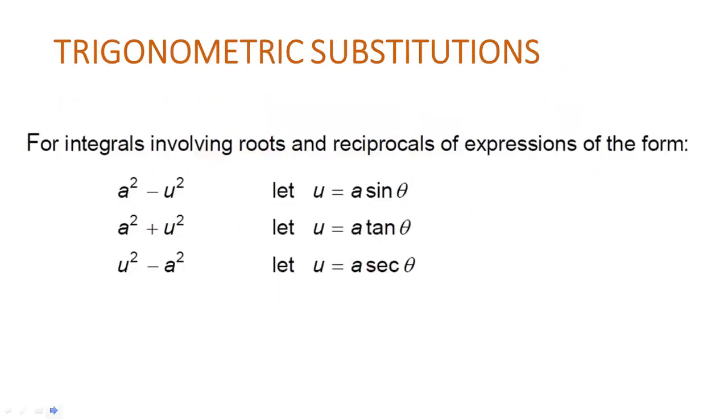Okay, now we're ready for the real substitution, and we call it trigonometric substitution. The previous substitutions, in which our main goal is to rationalize the functions given in the integral, are what we call algebraic substitution. This one, we use trigonometric substitution.